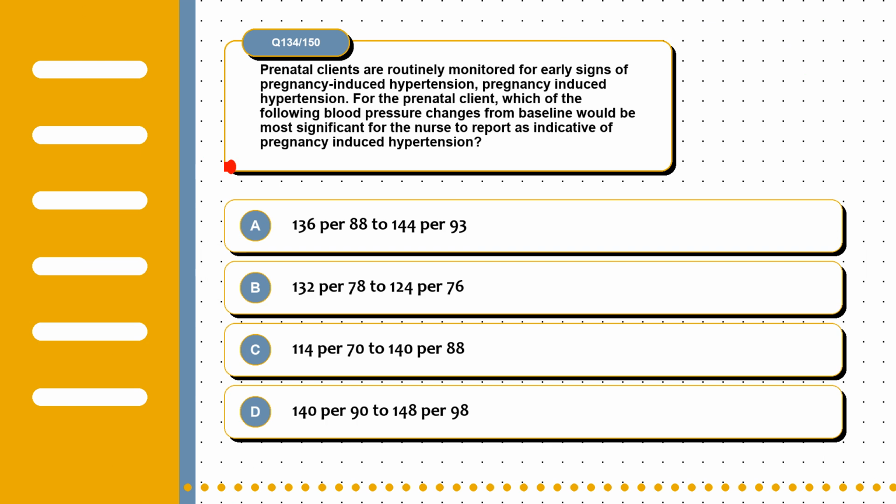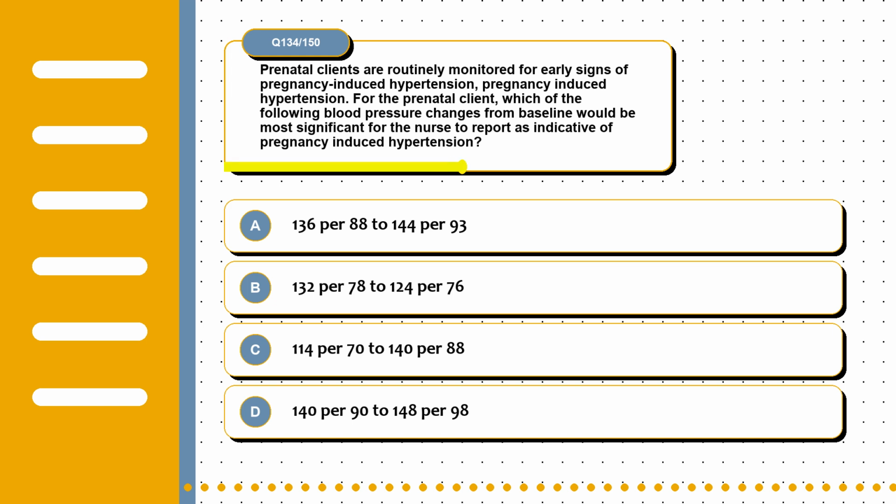Question 134. Prenatal clients are routinely monitored for early signs of pregnancy-induced hypertension. For the prenatal client, which of the following blood pressure changes from baseline would be most significant for the nurse to report as indicative of pregnancy-induced hypertension? Here are the options.